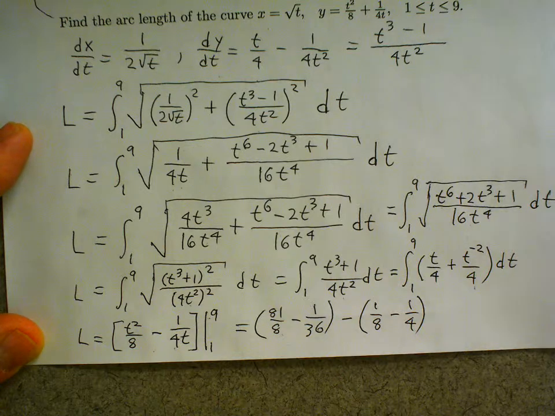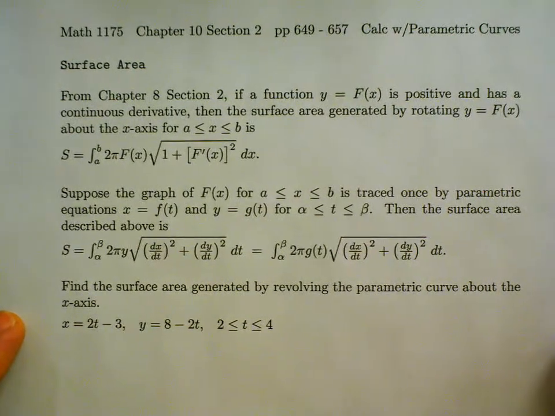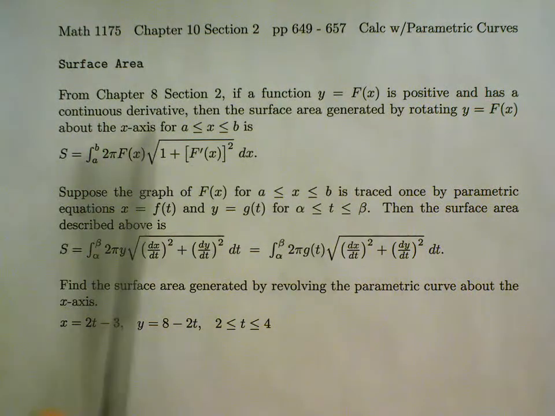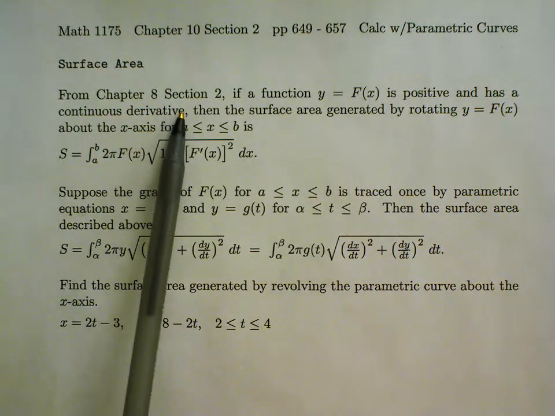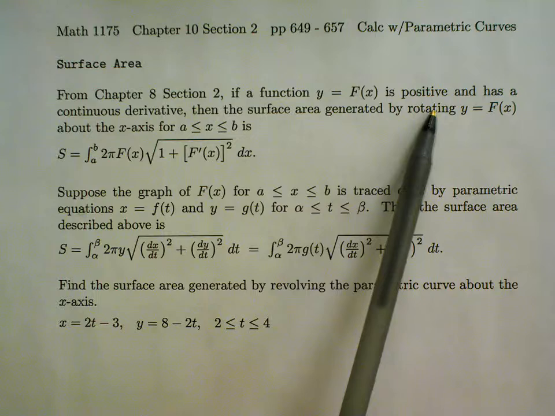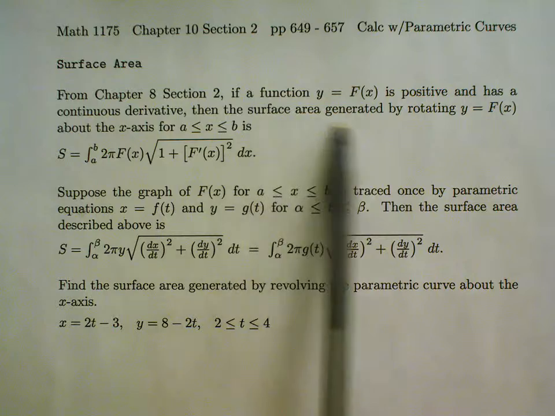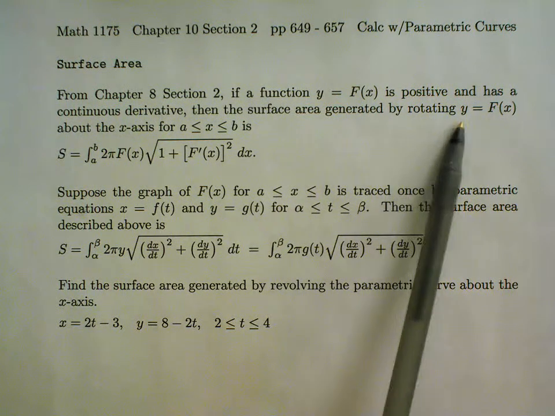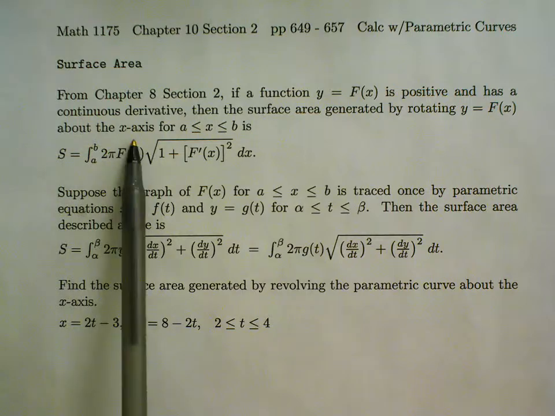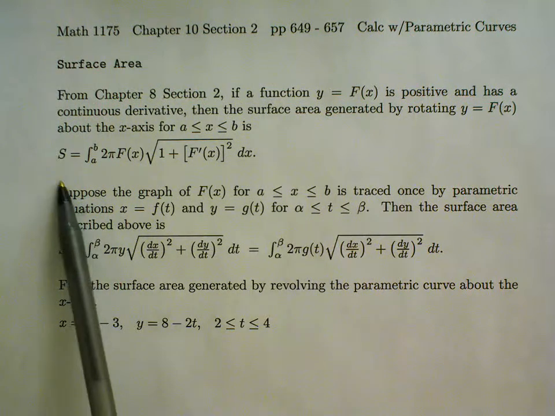Hey, the next topic in section 10.2 is surface area applied to parametric curves. Recall from chapter 8, section 2, if a function y equals capital F of x is positive and has a continuous derivative, then the surface area generated by rotating y equals f of x about the x-axis for values of x between a and b is this formula.